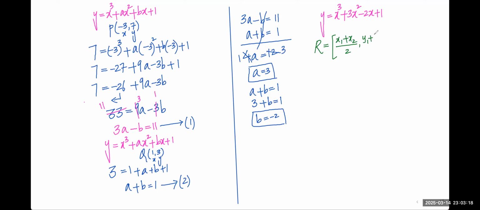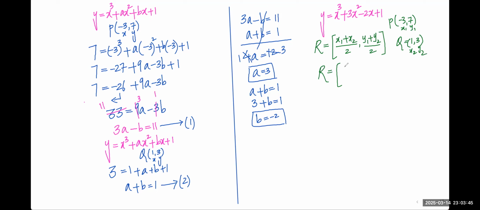It's (x1 plus x2)/2, (y1 plus y2)/2. P is (-3, 7), taken as x1, y1, and Q is (1, 3), taken as x2, y2. Just plug in here and you will get the value of R.